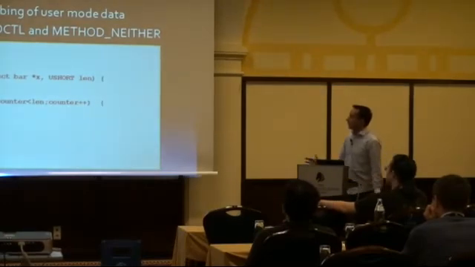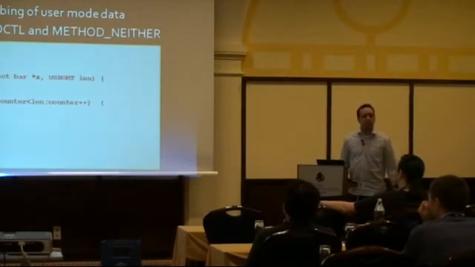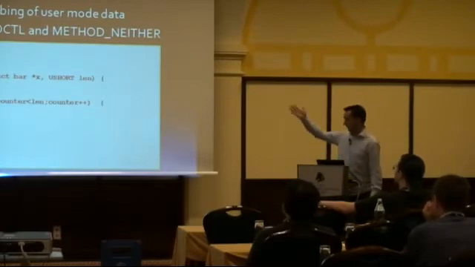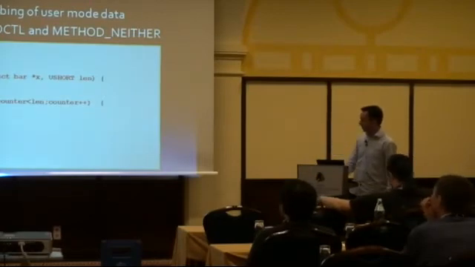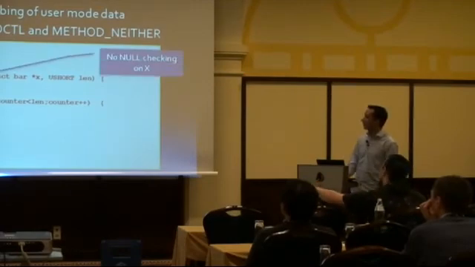Trusting user mode pointers. I don't know if you guys are familiar with METHOD_BUFFERED. Well, we're not going to talk about it right now, but let's imagine this entry point. The 2 parameters come from user mode. They are attacker controlled. Let's say that bar is null.